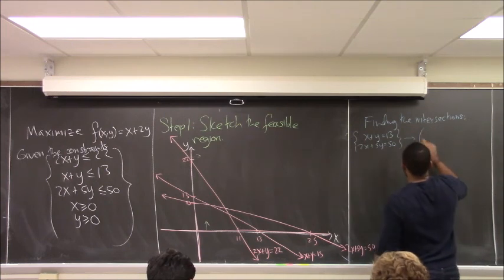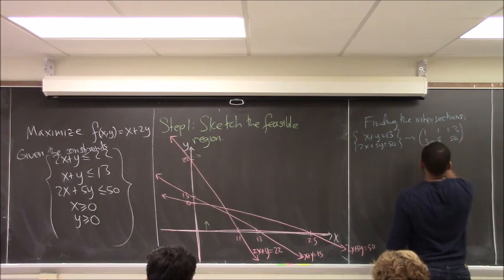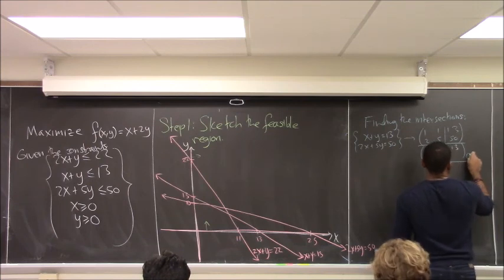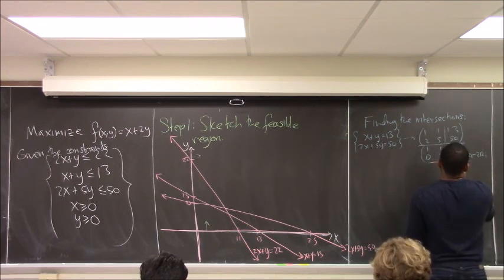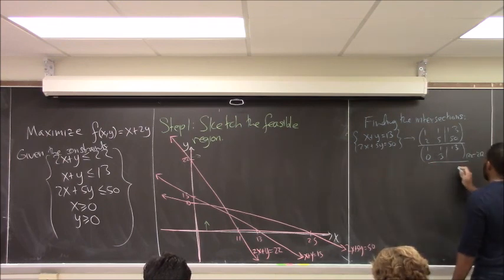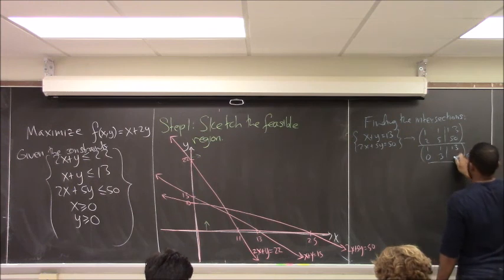So that's just 1, 1, 13, 2, 5, 50. So I can have 1, 1, 13. Row 2 minus 2 row 1: 0, 3, and that's 50 minus 26, what is that, 24?